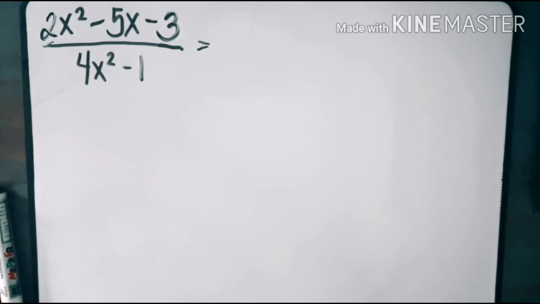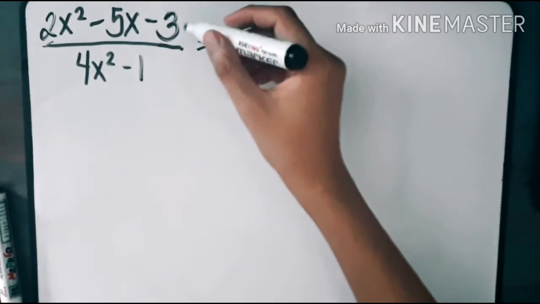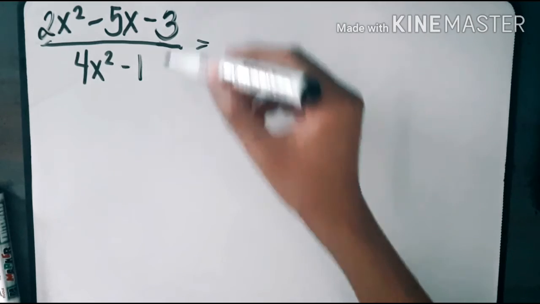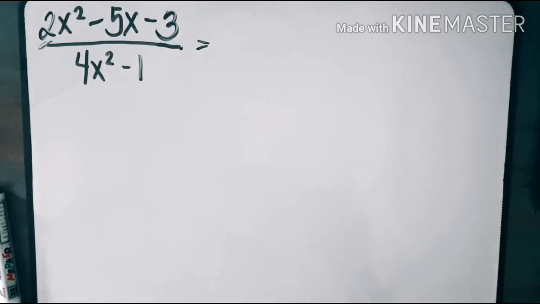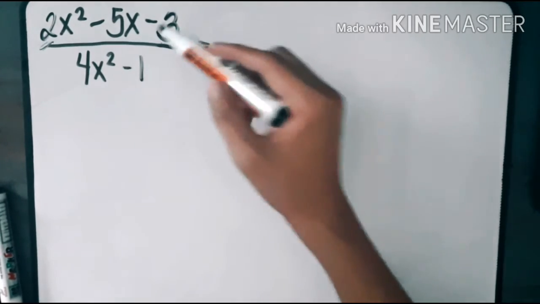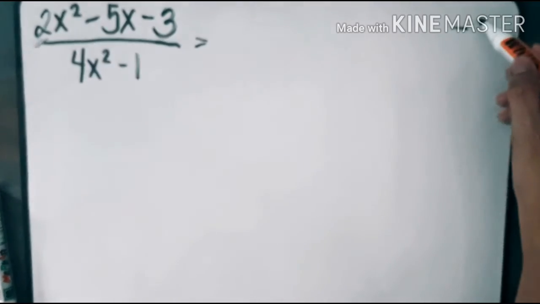Next is 2x squared minus 5x minus 3 over 4x squared minus 1. So, paano natin i-factor out itong trinomial since meron na siyang coefficient sa unahan? So, first, we have to multiply 2 by negative 3, which is negative 6.